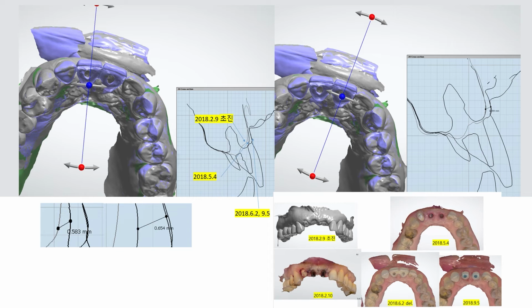Then after 3 months of using the temporary, would that 1 millimeter increase collapse? If the remodeling period is sufficient and the temporary is taken out, the external shape doesn't change drastically. Of course, inside the running room area, we have seen that it collapses.